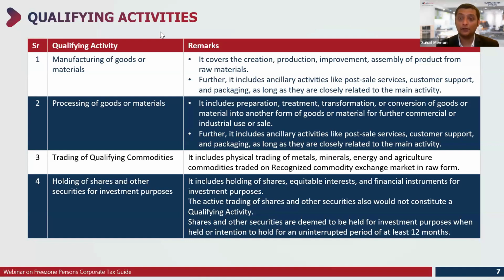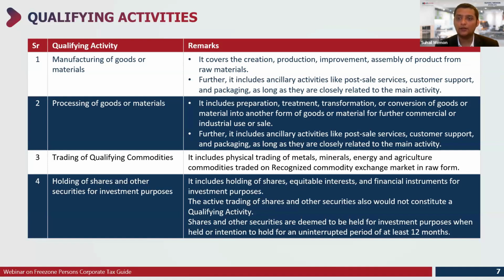Coming to another very important point, which was covered in the decision as well and has now been elaborated, is the trading of qualifying commodities. When I talk about trading of qualifying commodities, this trading can be done from any free zone. The rest, distribution activity, can be done only from a designated zone, which will come in the next slides.